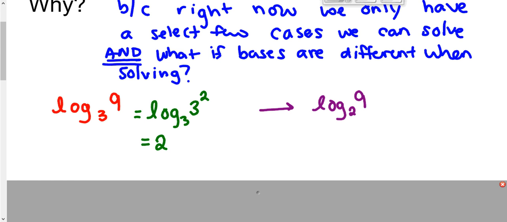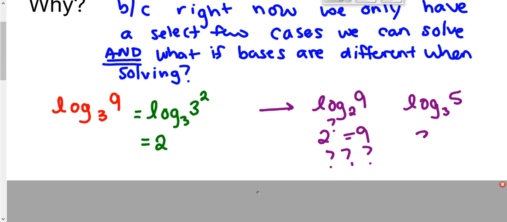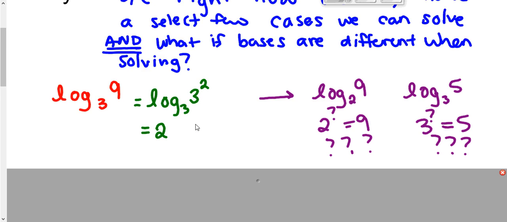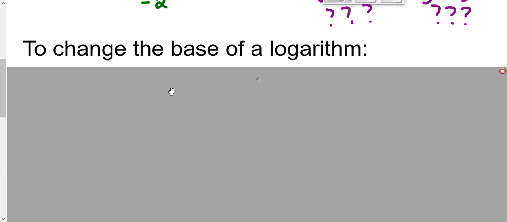You cannot write 2 to a power to get 9. So what would we do? We'd be stuck. What about log base 3 of 5? You cannot write 3 to a power to get 5. So we'd be stuck here too. So those are the problems we run into, and that's the reason why we need the change of base formula.